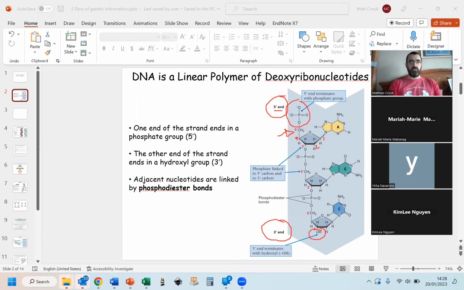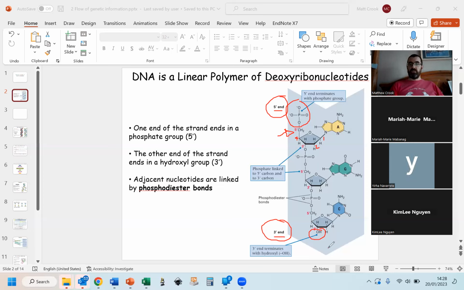Hydroxyl, in case you've forgotten, is an OH group, right down here. And that is attached in DNA, at least, to the 3 prime carbon, or the number 3 carbon. That's why this is called the 3 prime end.